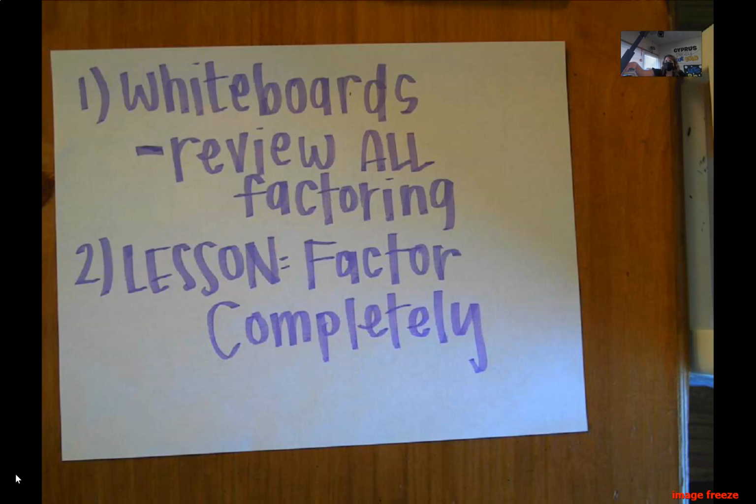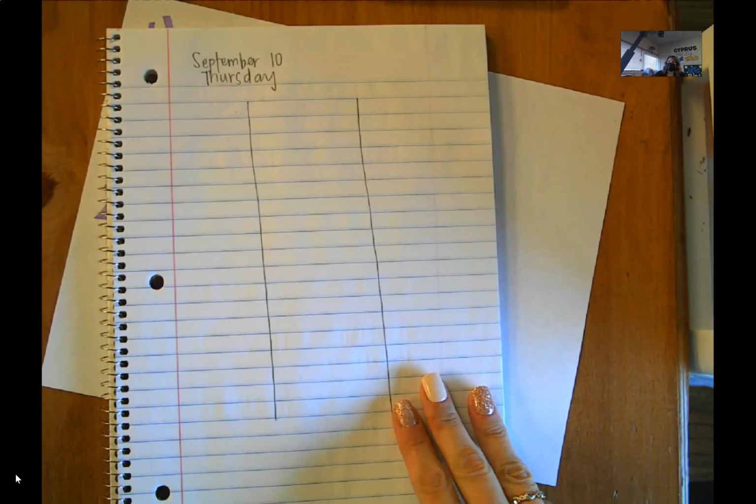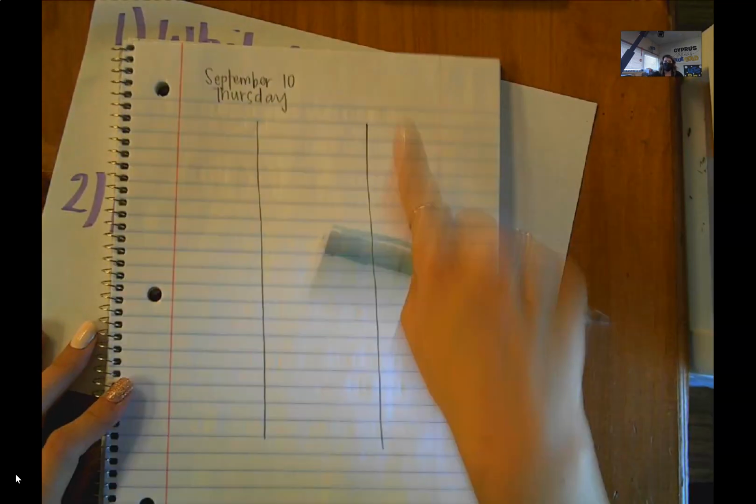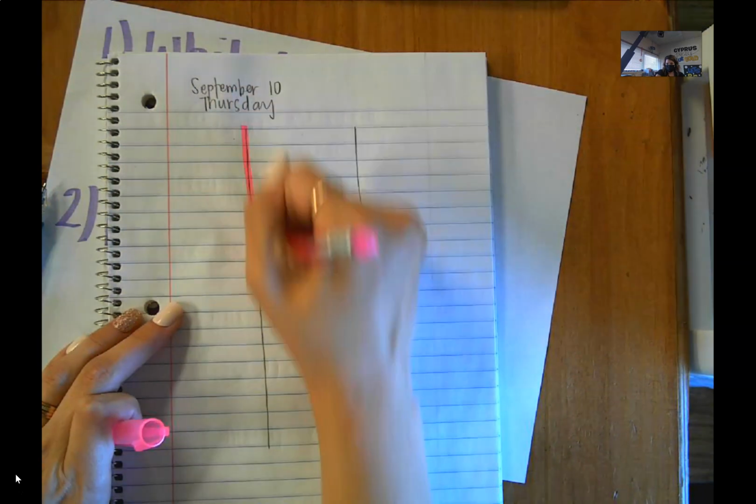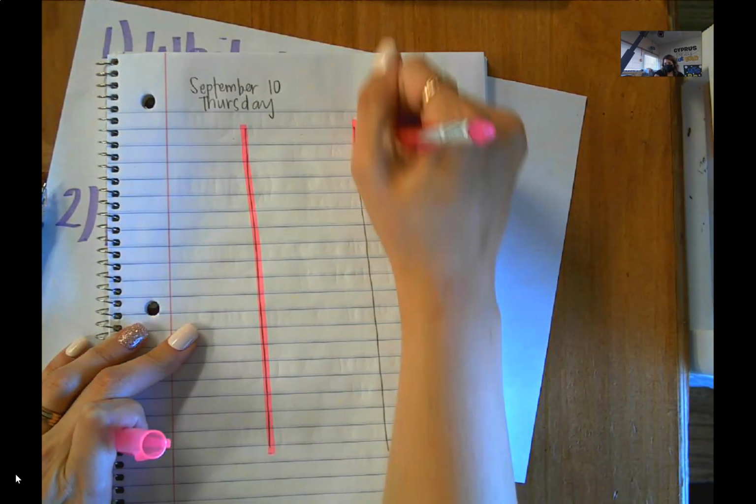So in your notebook, get one of your sheets of paper and divide it into three different sections. So I'll highlight where I've divided mine. For the three different methods that we've learned.